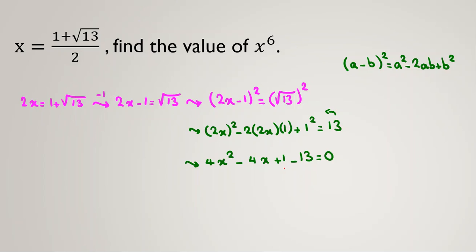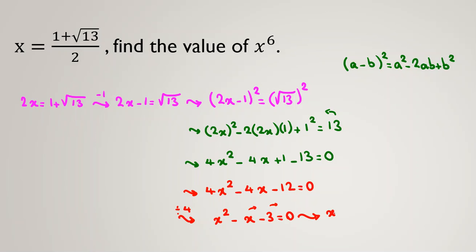And now 1 minus 13 is negative 12. So 4x squared minus 4x minus 12 equal to 0. If we divide by 4, it will be x squared minus x minus 3 equal to 0. Then if you take x and 3 to the right-hand side, x squared equal to x plus 3.